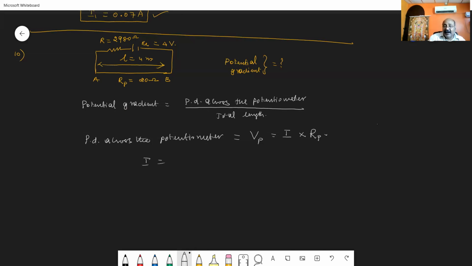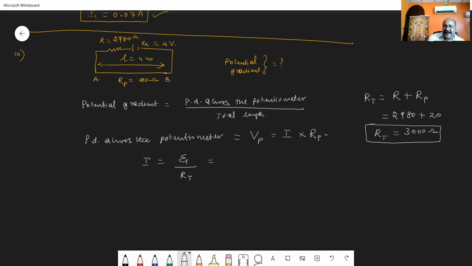The current available is EMF divided by total resistance. So what is the total resistance? The total resistance RT is external resistance connected plus resistance of the potentiometer. External resistance is 2980 plus resistance of the potentiometer 20. So 3000 ohms is the total resistance.